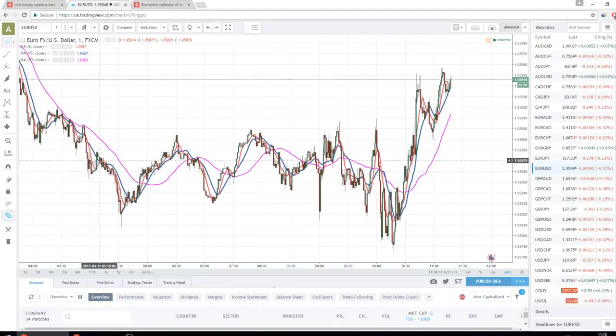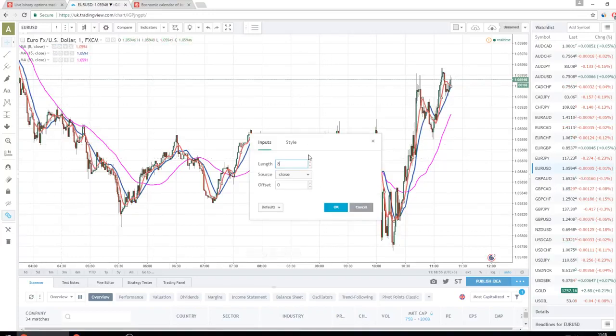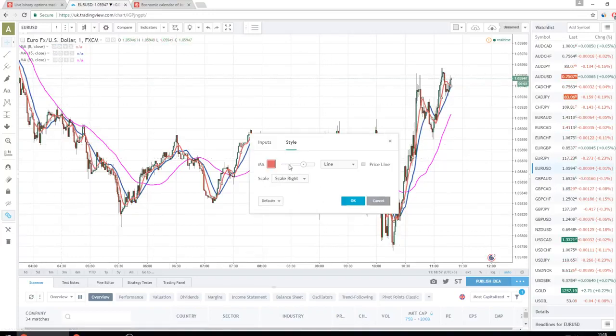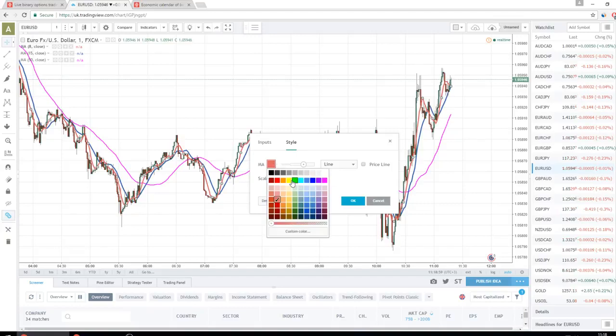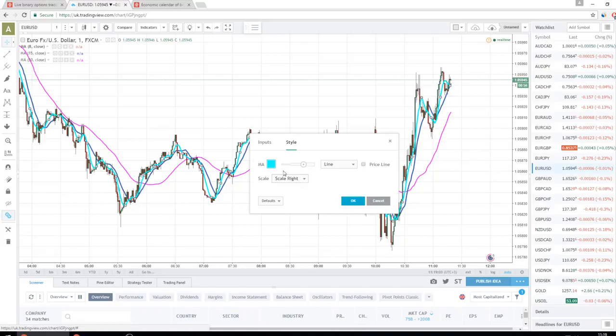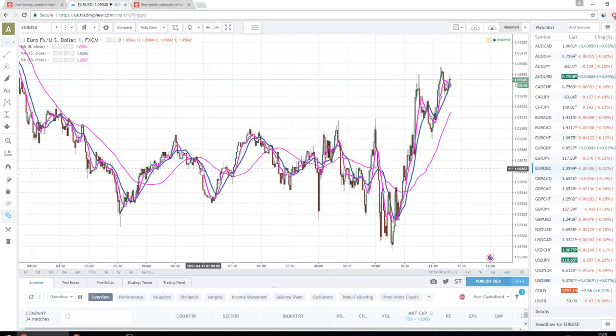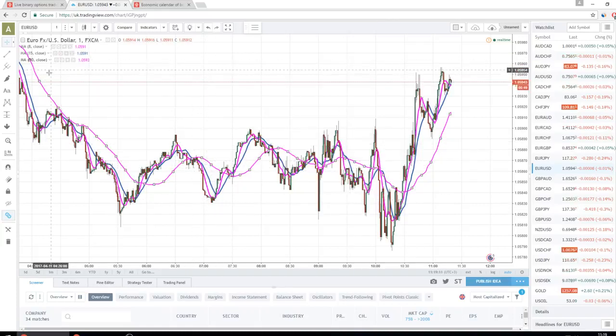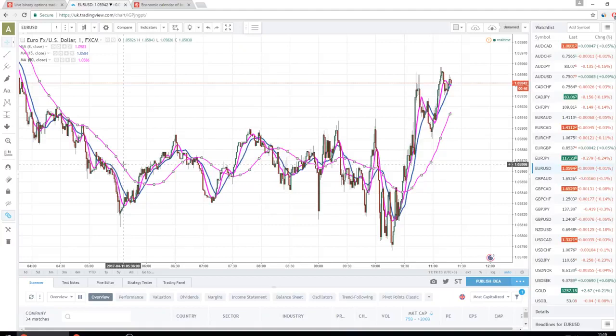Basically, let's see. Let's highlight the moving average with the short period. It needs to be more bright. I will change it to purple. This one I will change to another color, because it's important for us to see that one.